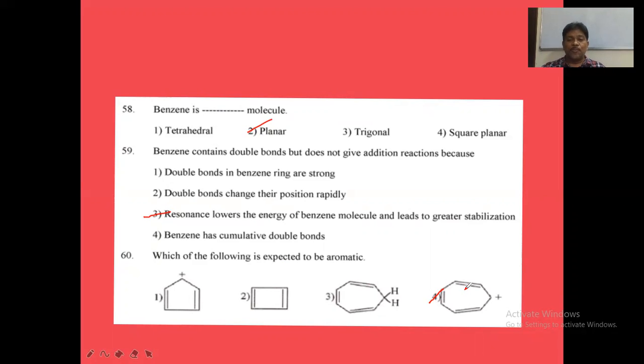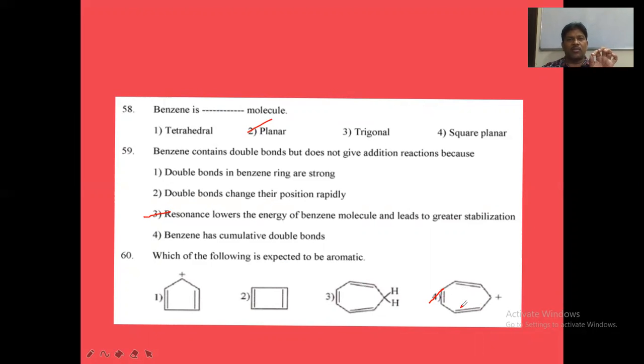Next, an odd number of pairs of pi electrons should be there. Here one pi electron pair, another pair, another pair. Totally 3 pi electron pairs, indicating an odd number of pi electron pairs. That is one condition. Next, it is a cyclic structure, and planar means all carbons must be sp2 carbons.